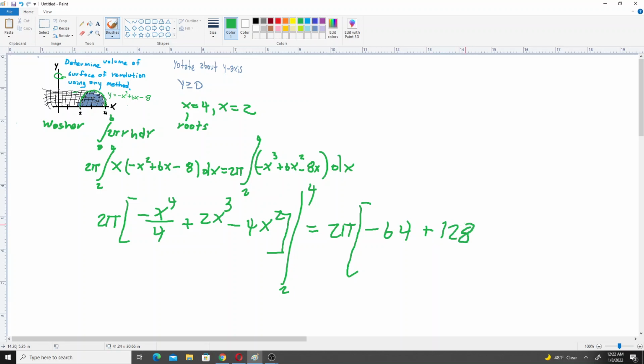And then 4 squared times negative 4, so you get negative 64 again. And then we're subtracting 2 to the 4th over 4, which is just 16, so negative 4. And then 2 times 2 cubed, 16. And then the last one is 2 squared times 4, which is negative 16.